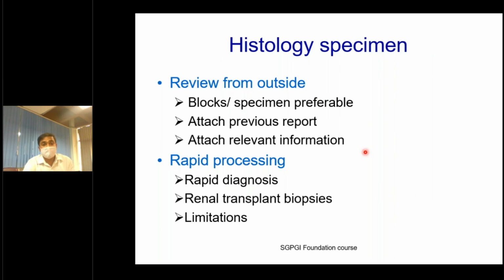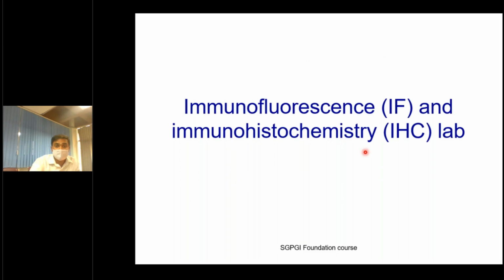We do get slides and blocks from outside to review, and please attach the previous report and all the relevant information, as with cytology review. We also get requests for rapid processing, especially in the case of renal transplant biopsies. Again, as with frozen section, the limitations are there. It is not a conclusive diagnosis, but it can help you take immediate clinical decisions.